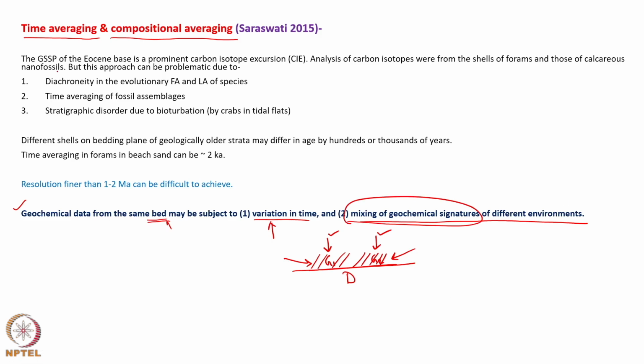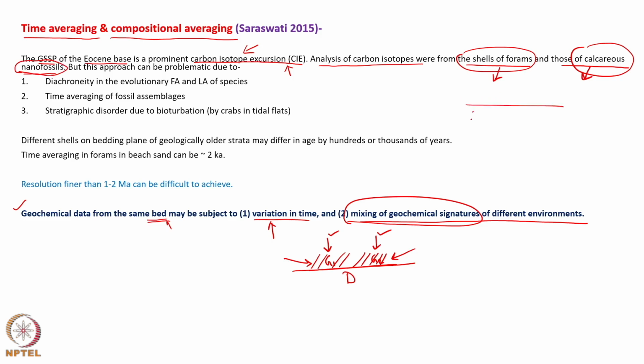The GSSP of the Eocene base, that means the base of Eocene, is a prominent carbonate isotope excursion, a spike in the carbon values, and the carbon isotope data comes from shells of forams and from the calcareous nanofossils. Now, these fossils can be of different ages coming from different sources.